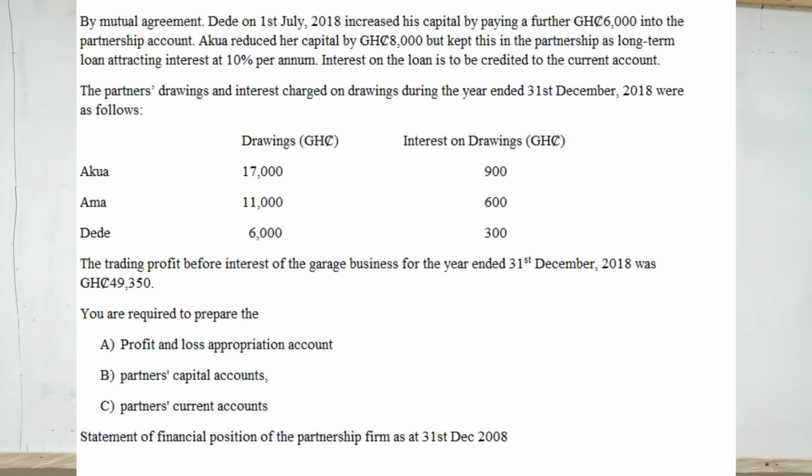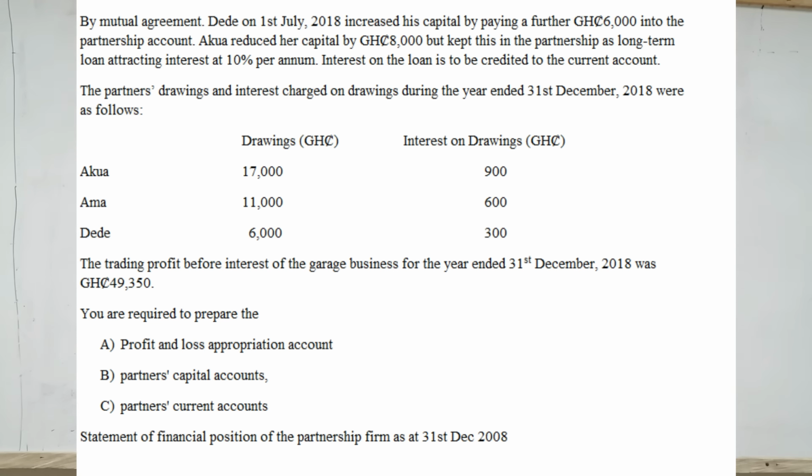The partners' drawings and interest charged on drawings during the year ended 31st December 2018 were as follows. For drawings, Equia, Ama, and Dede have 17,000, 11,000, and 6,000 respectively.